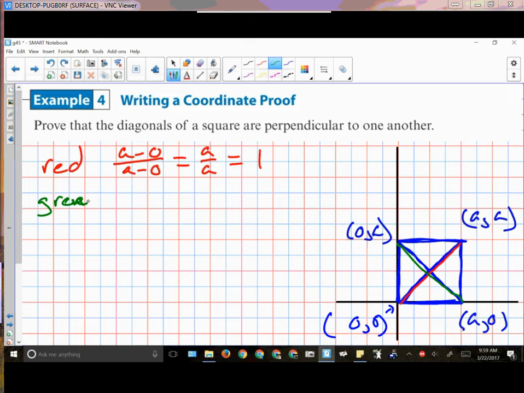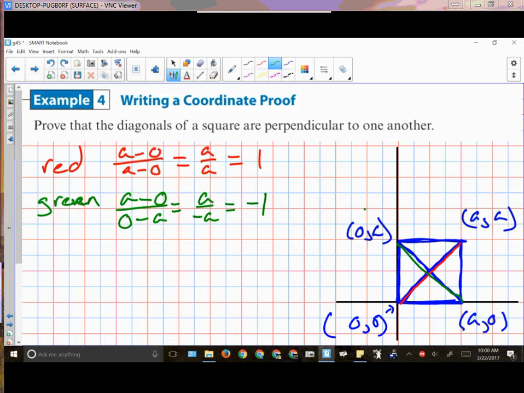Well, for green, always helps you put enough letters in there. That could be, let's call this one 1 and call that one 2. So that would be a minus 0 over 0 minus a. This turns out to be a over negative a, which would be equal to negative 1.